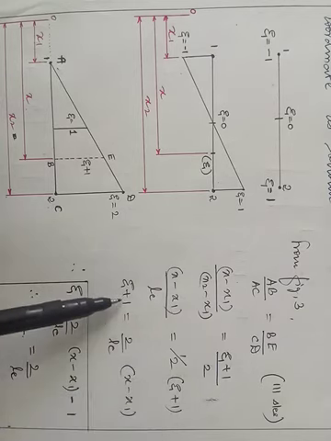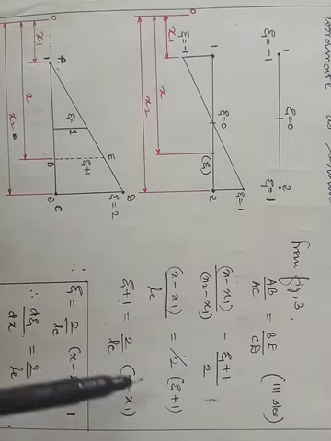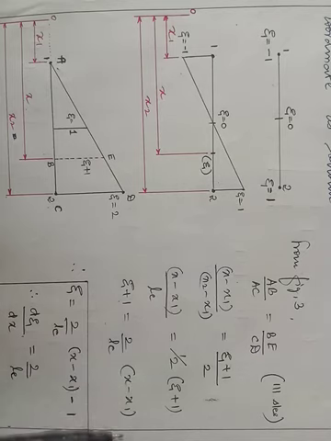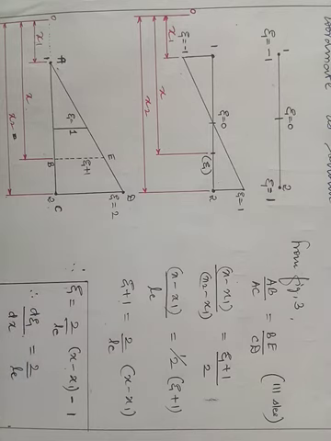Zeta plus 1 I'll take on the left side, and the remaining terms you keep aside. So it is 2 by LE into x minus x1. So zeta is equal to 2 by LE into x minus x1, minus 1.